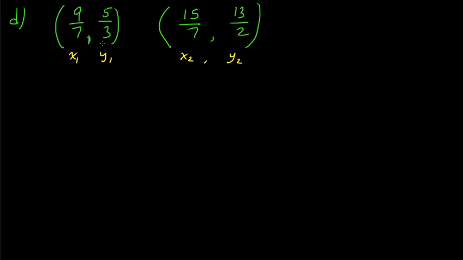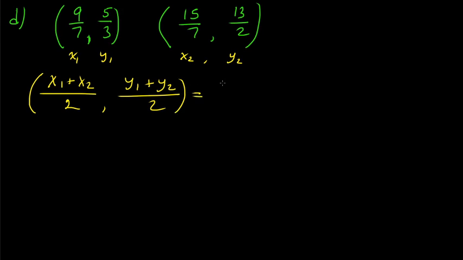The 5 over 3 is just 1.666666 again, but again, it's repeating. The 13 over 2 is the only terminating decimal. That would be 6.5. All right, so we're not going to convert to decimals. We're just going to apply the midpoint formula directly here.